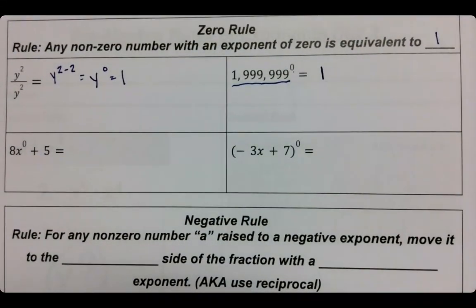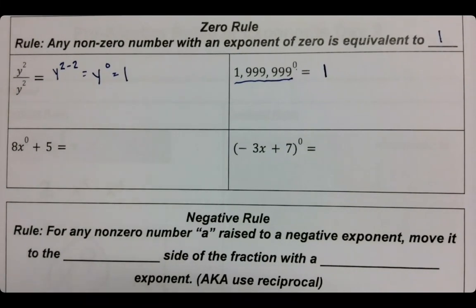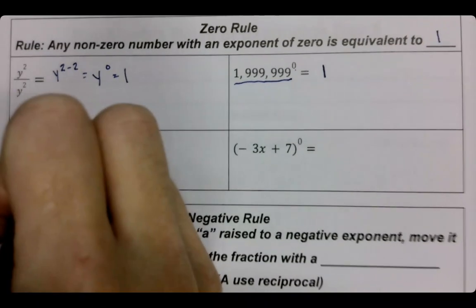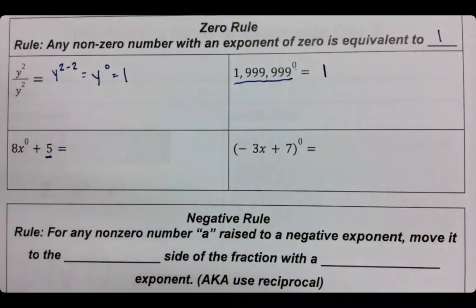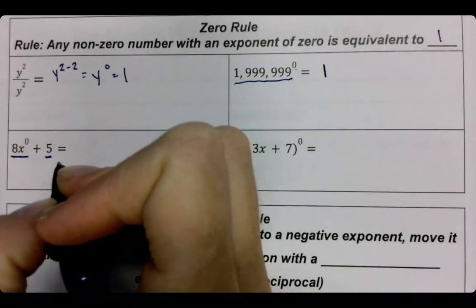Now, where students are going to have issues is they're going to say, oh, well, if anything to the 0 power equals 1, then this next one is going to equal 1 as well. And that's where you're kind of wrong. So this is just a 5, that's its own thing. But this right here, is the exponent on the a to 0?